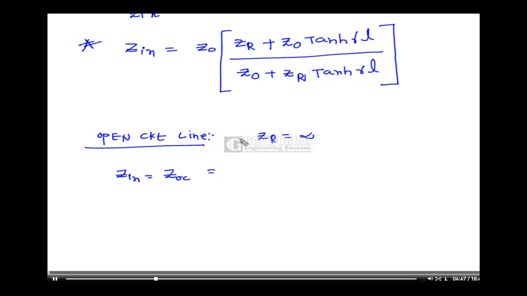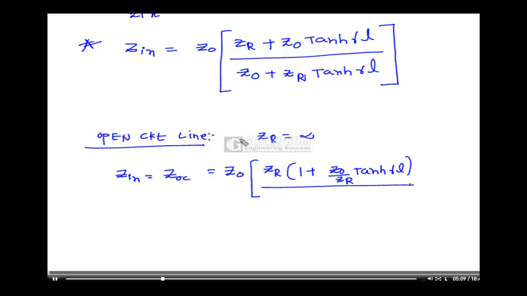ZOC is equal to Z0 into, taking ZR common in the numerator, 1 plus Z0 by ZR tanh gamma L, by, taking ZR common in the denominator as well, Z0 by ZR plus tanh gamma L. Put ZR equal to infinity: the ZR cancels out, and the terms Z0 by ZR become 0.